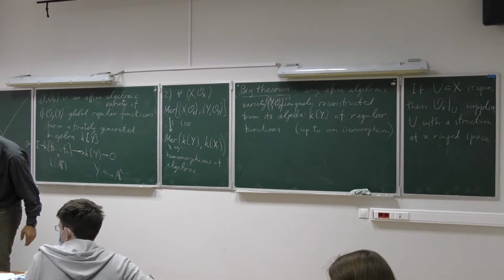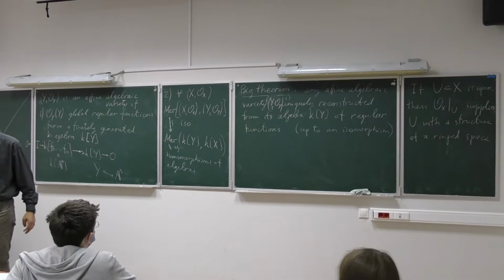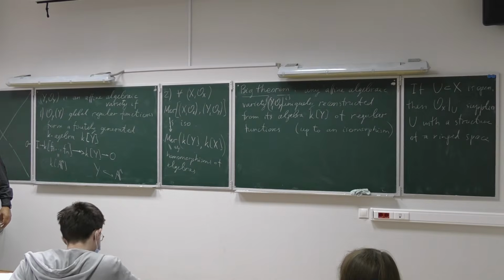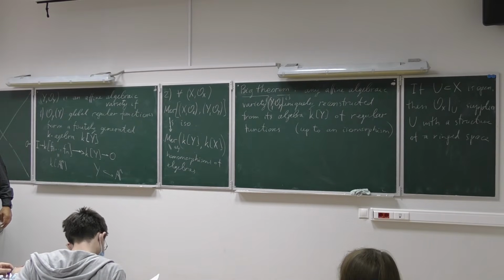It's actually a big theorem because if we say that the morphisms are... I believe that the statement that we have is an equivalence of functors. Yes, absolutely. Between algebras and affine algebraic varieties. Yes.